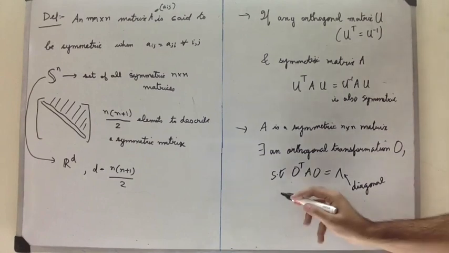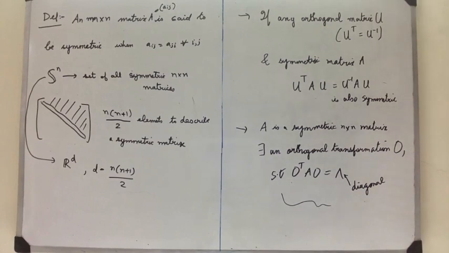So this is called the diagonalization of the symmetric matrix. The special property of symmetric matrices is that they can be diagonalized by an orthogonal transformation.